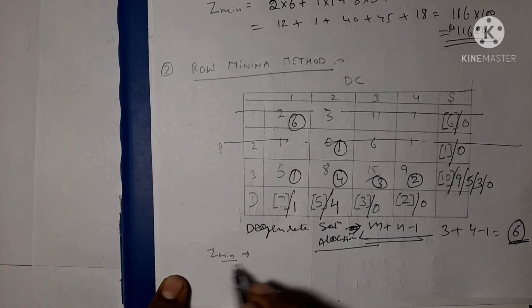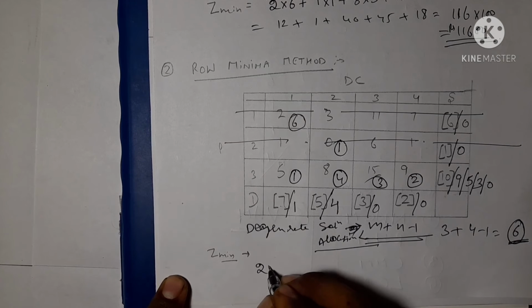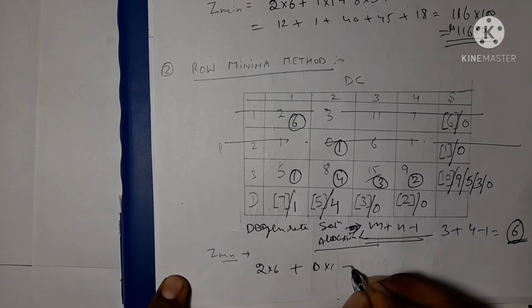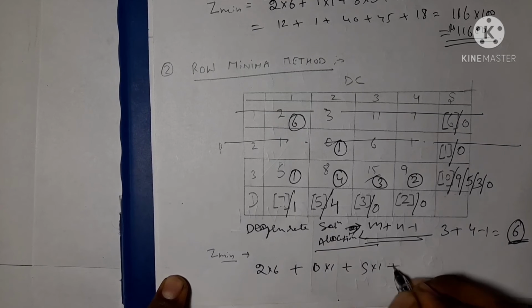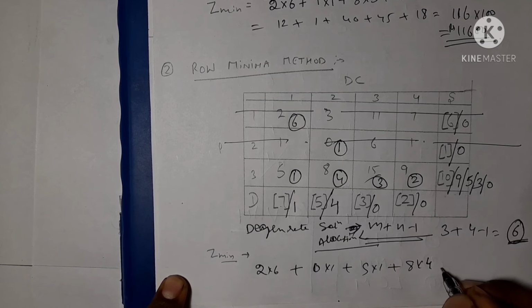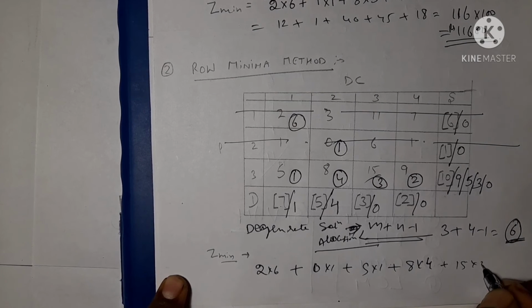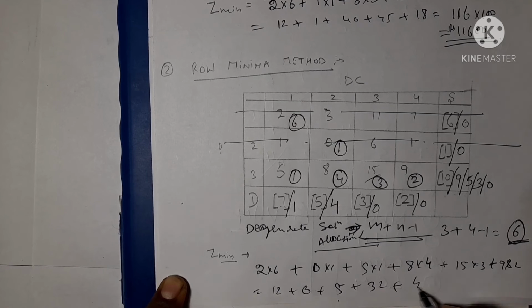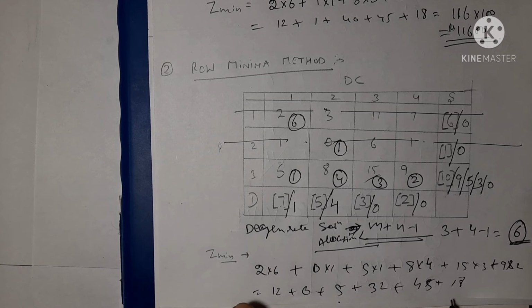Okay, now for the calculation of the cost, same: 2 into 6 plus 0 into 1 plus 5 into 1, 8 into 4, 15, 3, 9, 2, 12, 0, 5, 32, 45, 18.